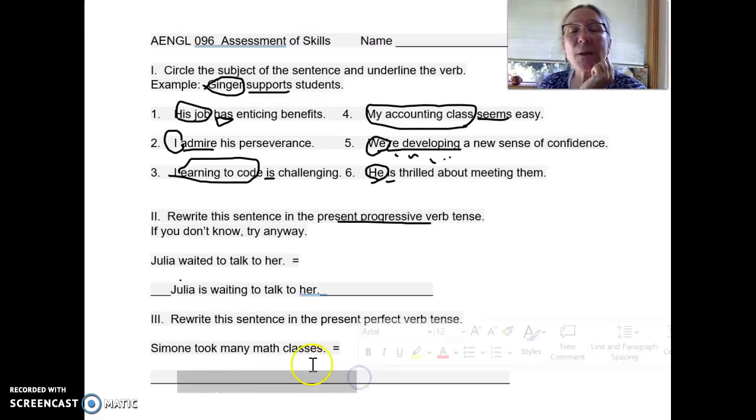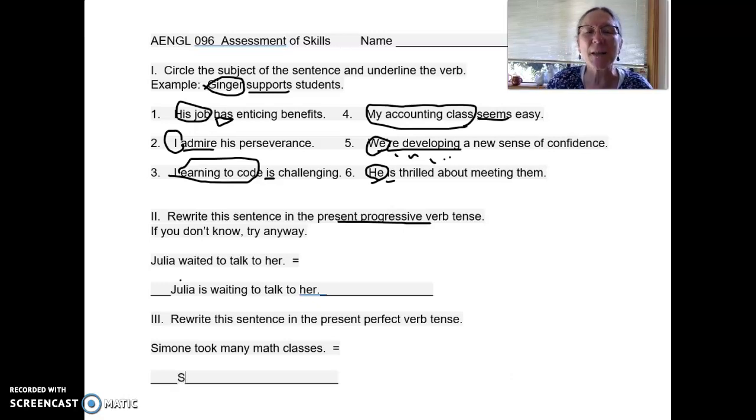All right, last one. Rewrite this sentence in the present perfect verb tense. Present perfect. Has plus past participle, or have plus past participle. Is that it? Do you remember? Present perfect. I love the present perfect verb tense. Okay, subject is the same. Simone. All right, took. Took's the verb, right? Took, to take.